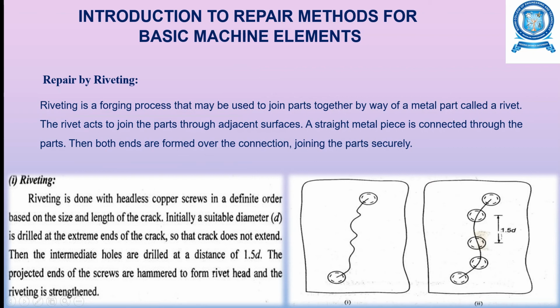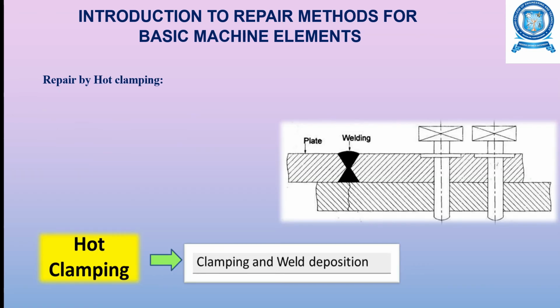You can see here 3 more holes have been drilled on the crack, and the distance between these 2 holes is 1.5 times the diameter of the hole. The projected ends of the screws are then hammered to form a rivet head, and the riveting is strengthened. So that is how the repair by riveting is carried out.